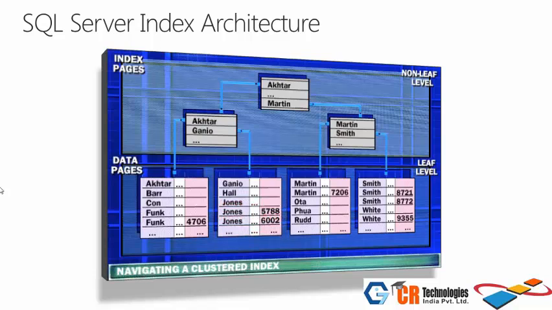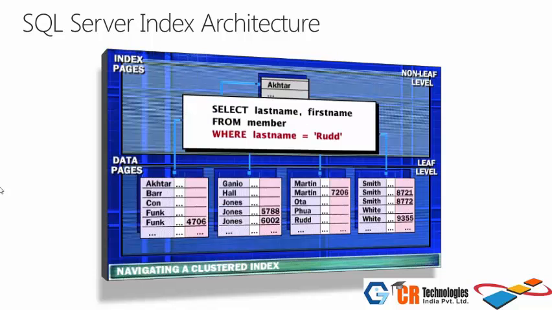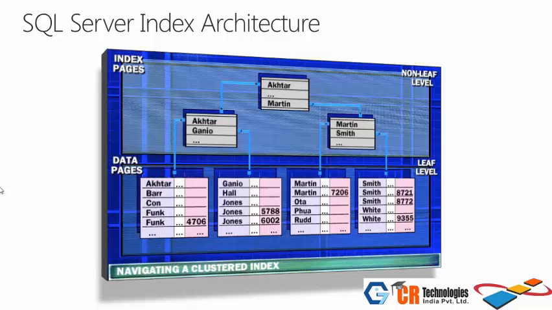Let's take a closer look at how SQL Server navigates a clustered index. In this example, a clustered index is built on the last name column. The query is searching for rows where last name is equal to Rudd. SQL Server starts at the root page. It evaluates whether Rudd is greater than or equal to the key value Aaron.